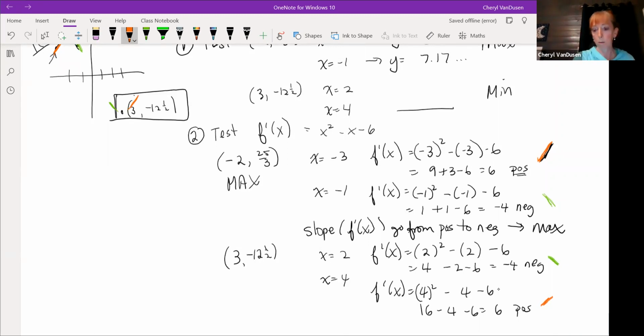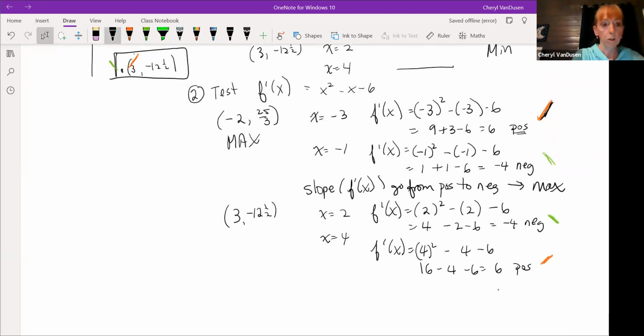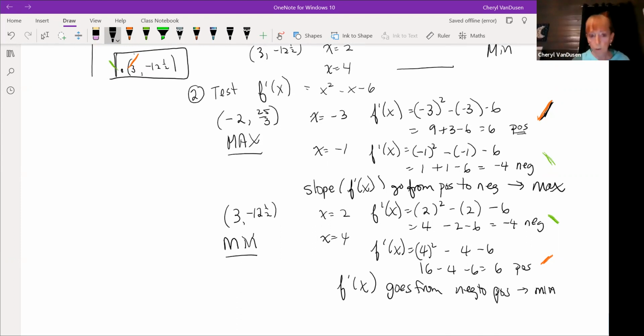That's showing us that it's a minimum point, okay? So when f prime of x goes from negative to positive, we have a minimum point. So this guy is a minimum point, which we decided from test number 1. We're not going to get different answers from the different tests, or we're going to get a great deal of trouble.